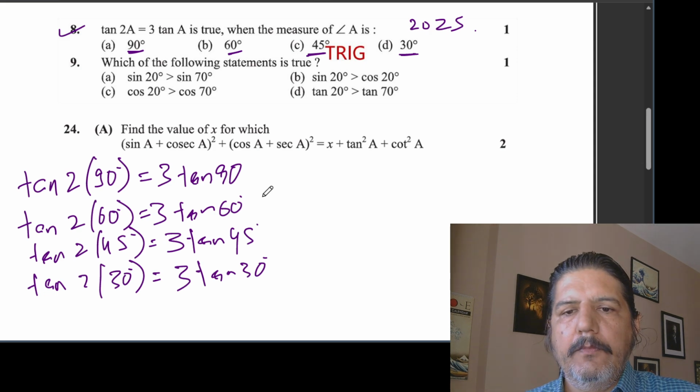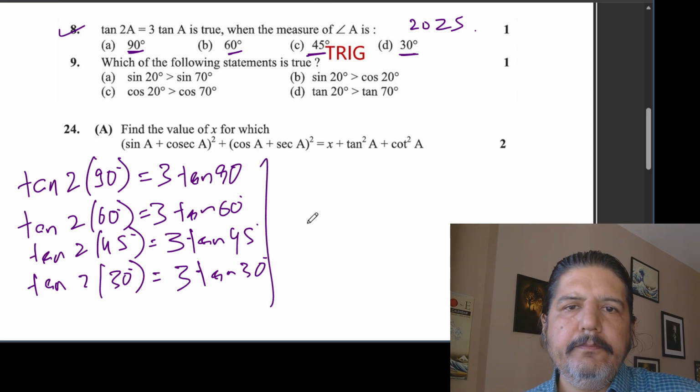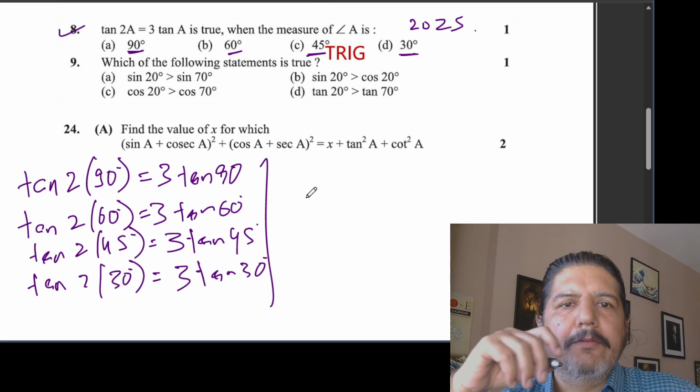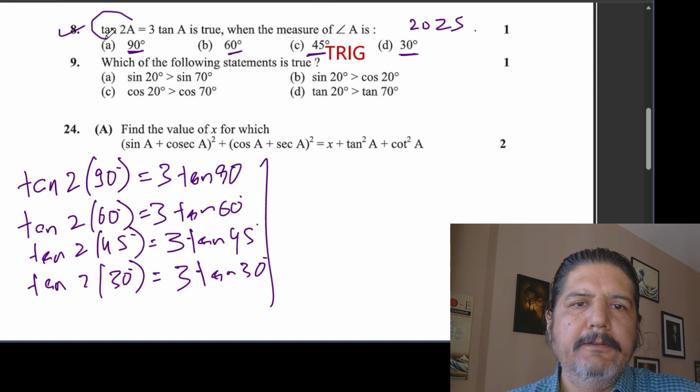Now, see, one is that this is a trigonometric equation, so you don't have the formula for tan 2a. That is why you are substituting.